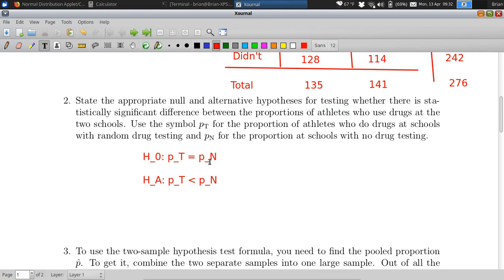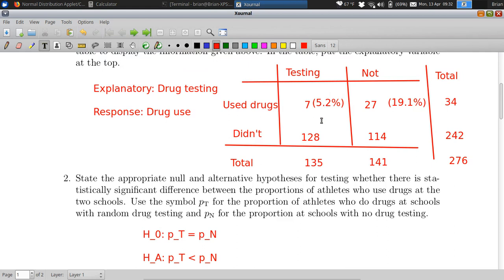And now we have evidence that suggests that if that were true, then the probability of seeing a result as extreme or more than the one we saw, that's what a p-value is, would be astronomically tiny. So this result we're seeing, where 19% of the students at the school without drug testing admitted to using drugs and only 5% of the students with drug testing did, that's not a fluke. That p-value is so low, I just can't believe that this is a fluke.